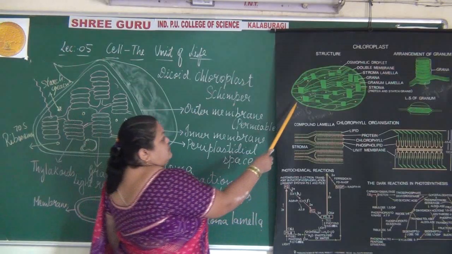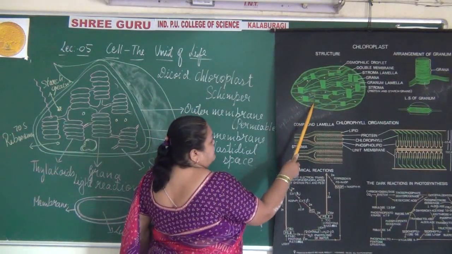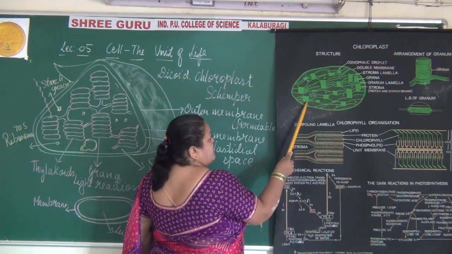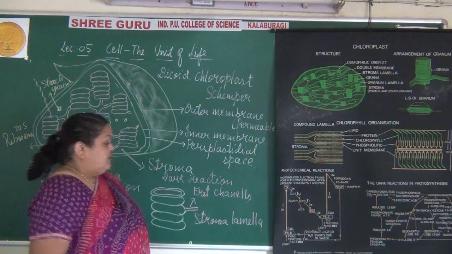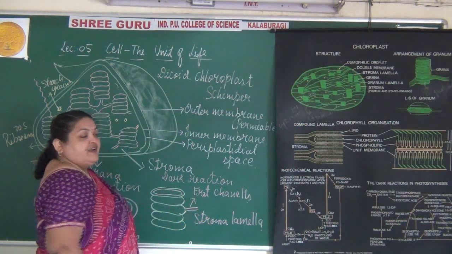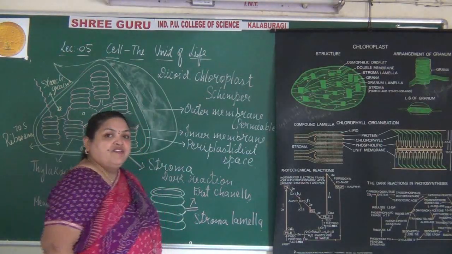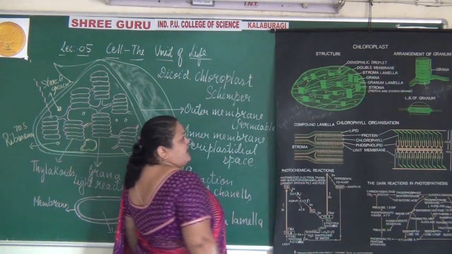So this is a granum, this is another granum. The two grana are interconnected by the channels. Those are known as the fret channels, which in turn help in the transportation of substances from one granum to another.